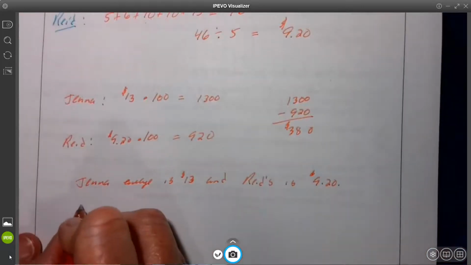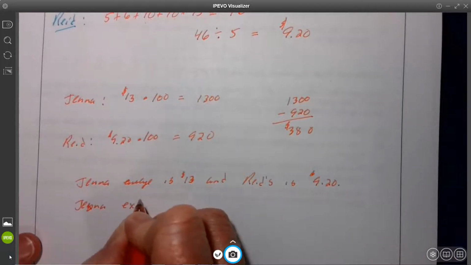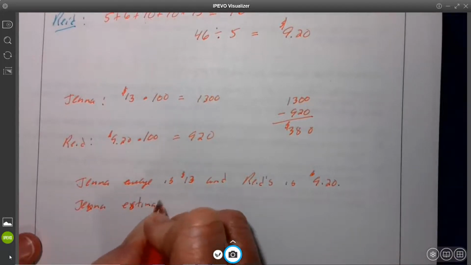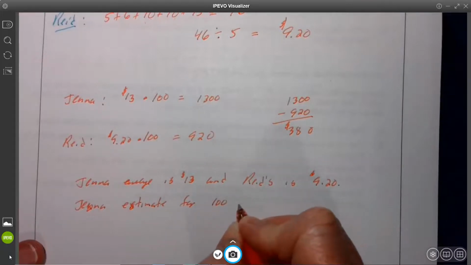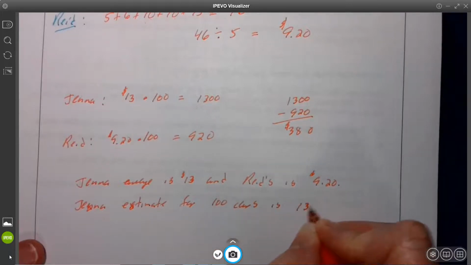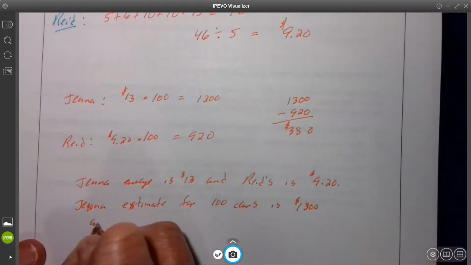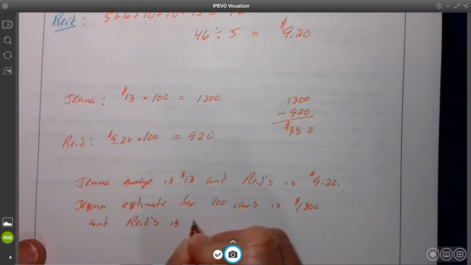Then Jenna's estimate for 100 cars is $1,300, and Reed's is $920.